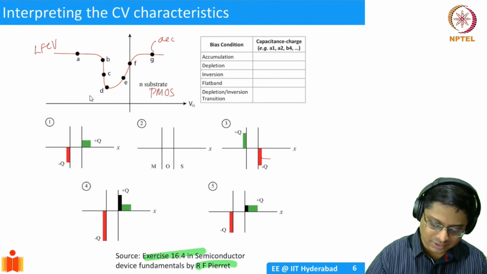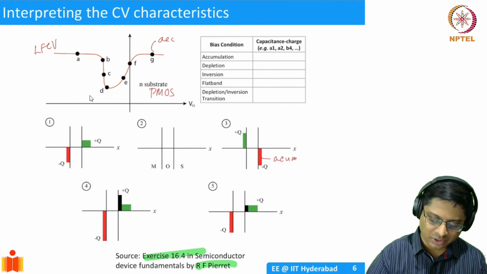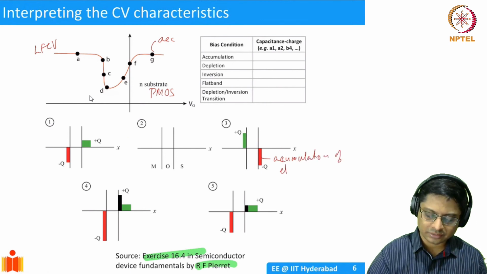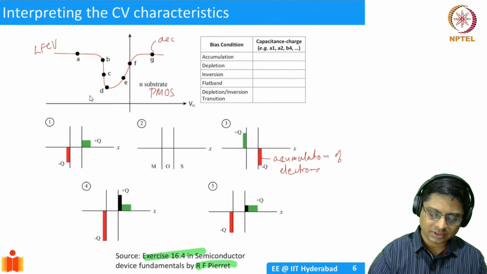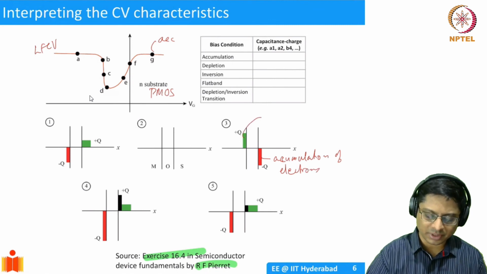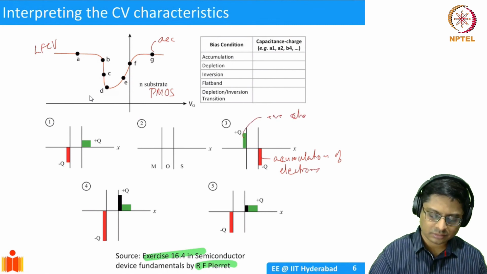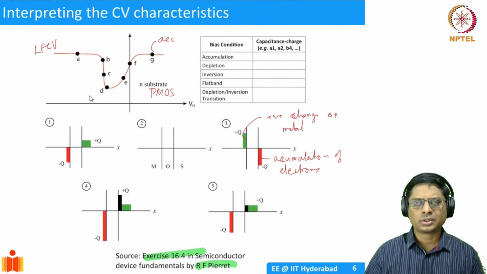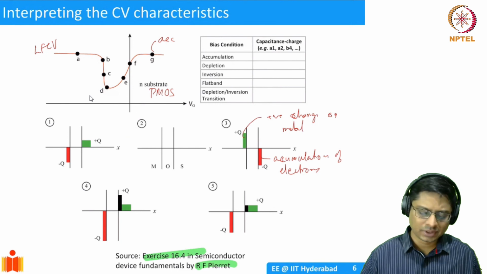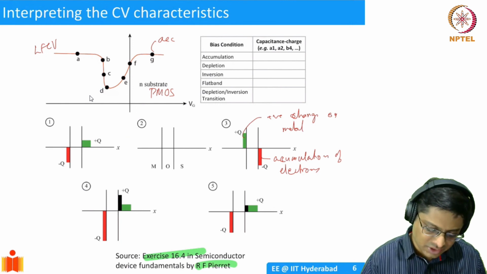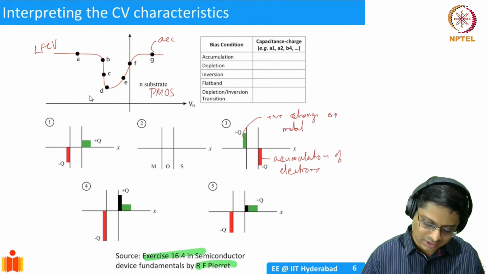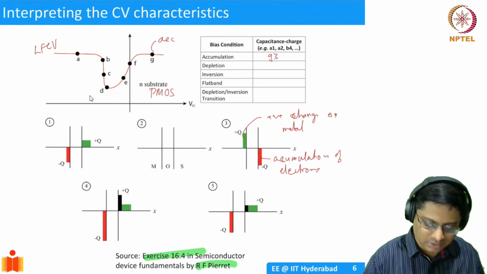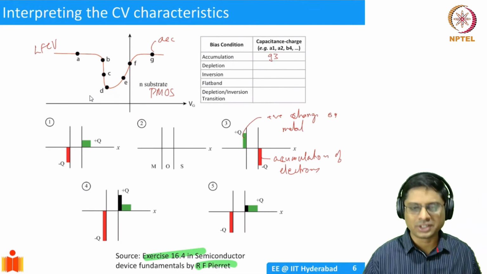If you look at all these examples, this is accumulation of electrons, and this is positive charge on the metal. Both of these are right at the interfaces. So the condition G is accumulation, and the block charge is 3. So I'll write this answer as G3. That will tell me what choice is correct.